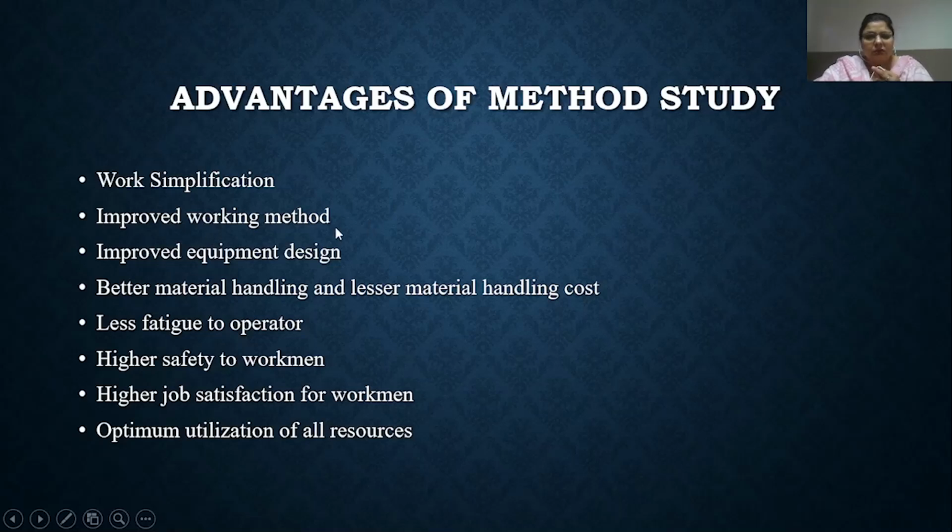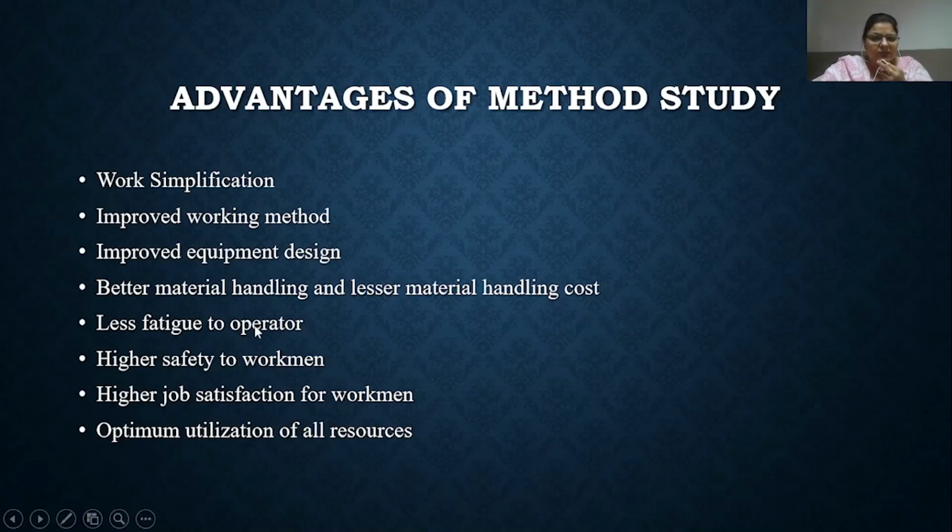By applying good working methods, we can improve the process. It can improve equipment design, because we have already checked whether the workers are working efficiently or not. So we will install different kinds of equipment for material handling so that workers' efficiency will be high. Better material handling and lesser material handling cost.